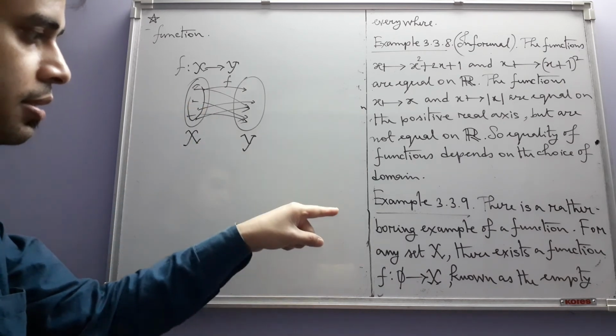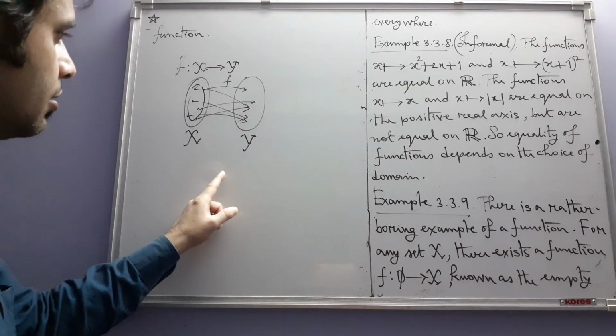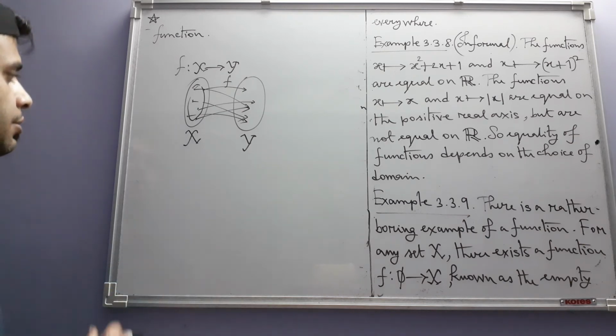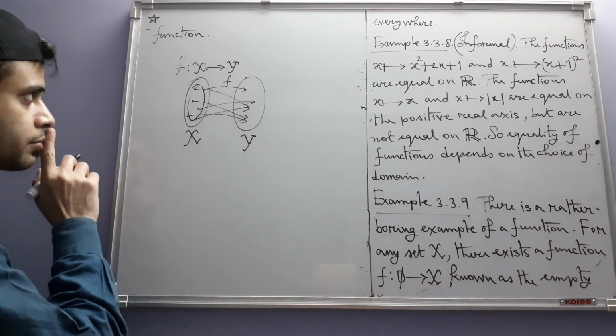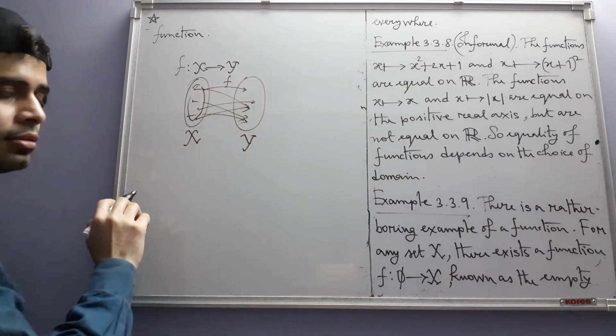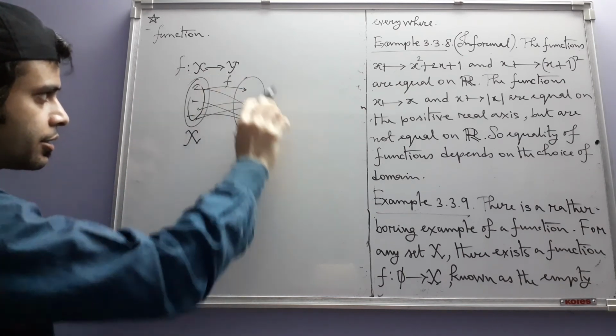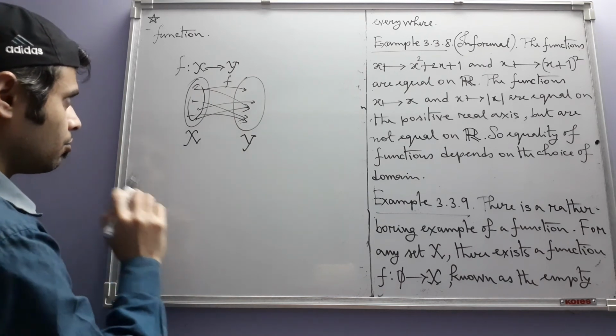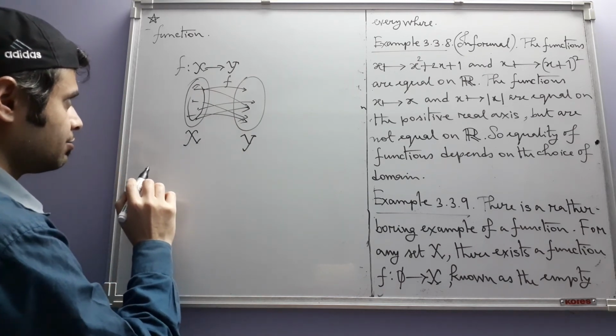Here, however, in this curious case, let us first see what it means. You see, if we write the condition for a relation like this to be a function, what is it that we have?